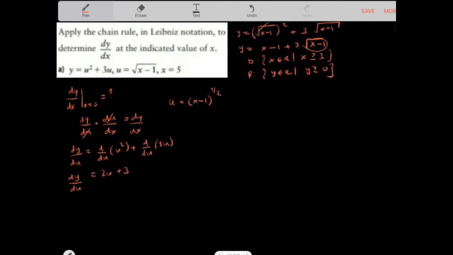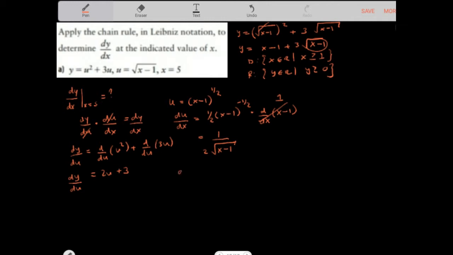I'm just going to write it as a power. So du with respect to dx is equal to 1/2 times x minus 1 to the power negative 1/2 times the derivative of the inside, which is the chain rule, but we can understand that this is 1. Now we have the derivative. I'm going to change this to positive exponents, so you can write this as 1 over 2 square root of x minus 1, because the negative 1/2 is the reciprocal.